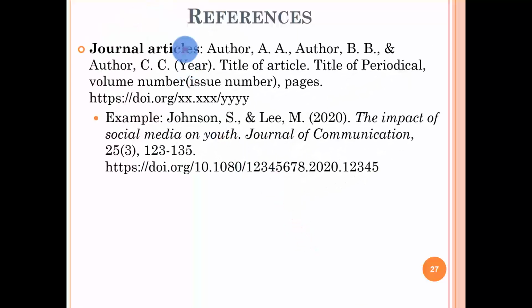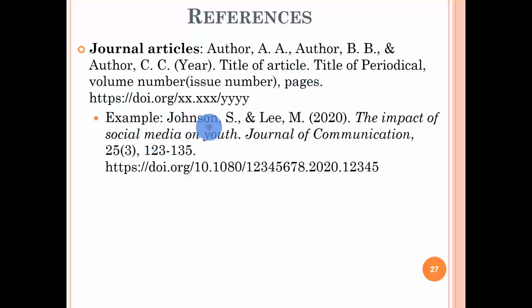For journal articles, we start again with the author names, like A author, B author, C author, then the title of the article, title of periodical, volume number, issue number, and then the pages, and if it is electronically available, you also include the DOI of the journal article.